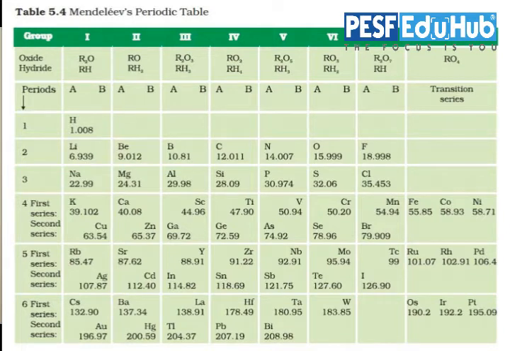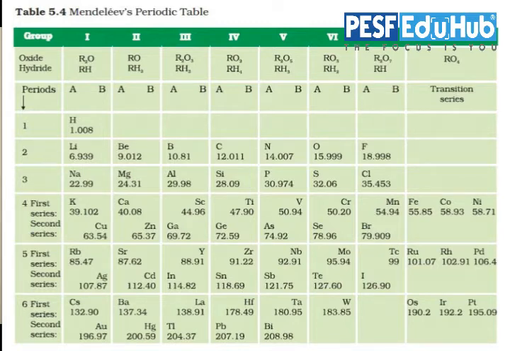Mendeleev arranged the then known 63 elements in this table, and as you can see, there are vertical columns and horizontal rows in his table. The vertical columns are called groups and the horizontal rows are called periods in Mendeleev's periodic table.